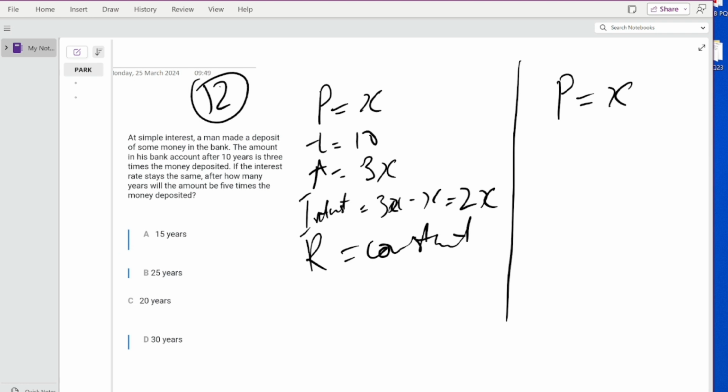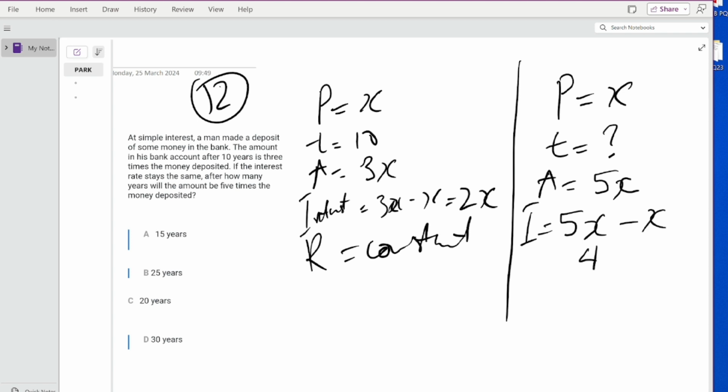After how many years? So the time is unknown. Then the amount that we're now dealing with is 5 times, that's 5x. The interest at that point, when we don't know the time, will be 5x minus x, which is 4x, and the rate doesn't change, it's constant.